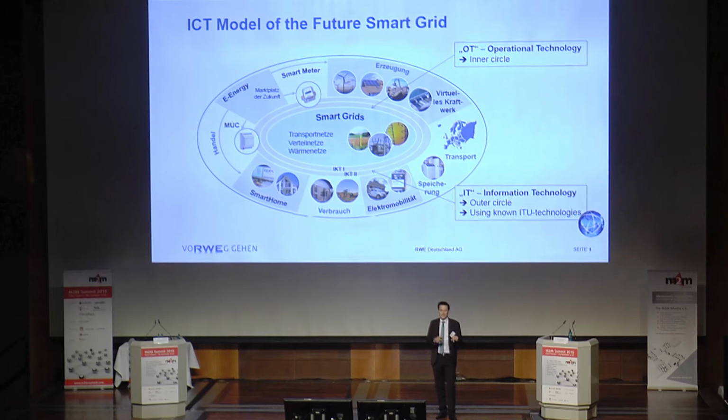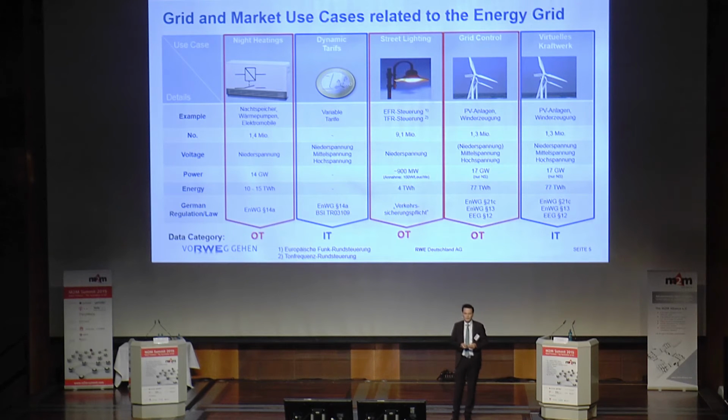And you can imagine that the latter one, the operational IT, is a critical infrastructure. We have to differentiate between operational IT, so-called OT, on the one hand, and information technology on the other hand. The use cases we are today addressing are shown here.